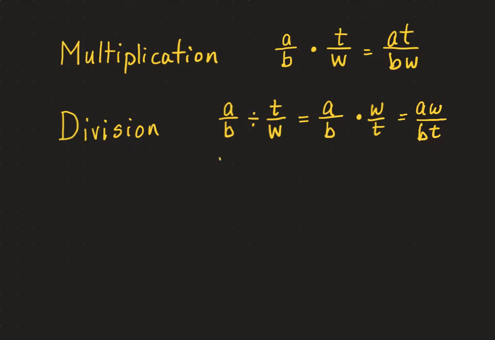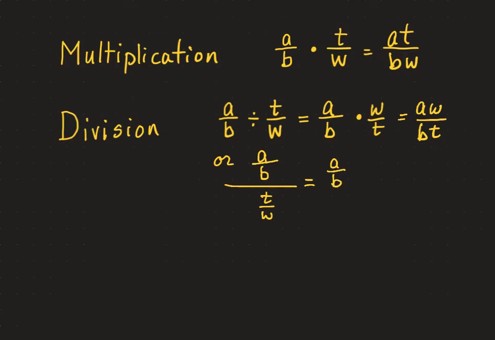Another way that this division could be written is a divided by b, divided by t divided by w, because that's what the fraction bar means. It's a division, and we would handle this in the same way. The first fraction remains the same.